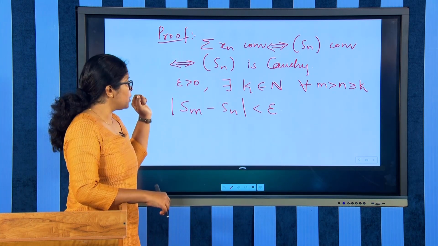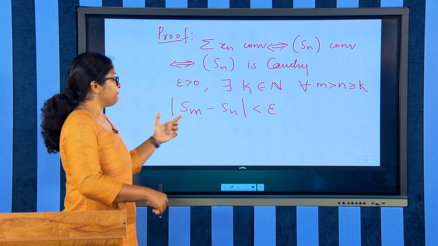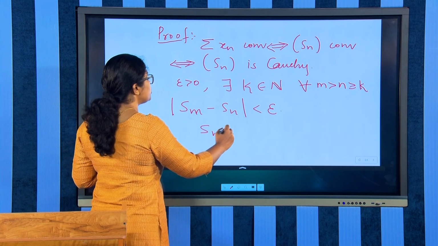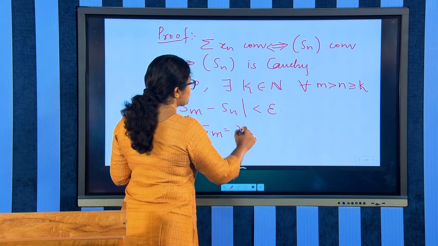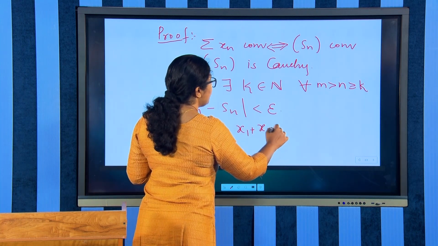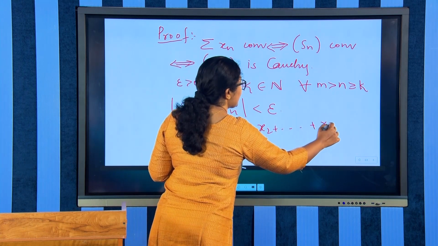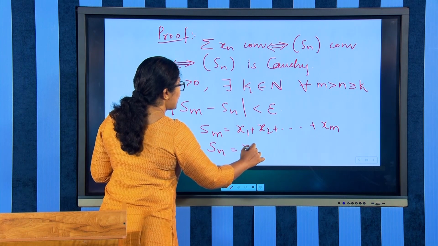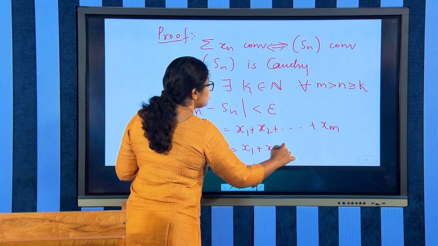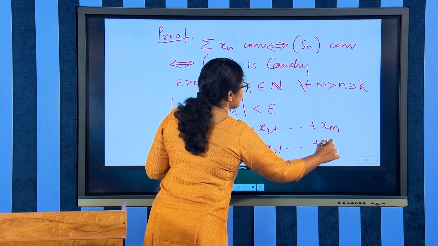So, what is this Sm? Sm is the sum to m terms of the series, that is x1 plus x2 plus etc. up to xm, and Sn is nothing but x1 plus x2 plus etc. up to xn.